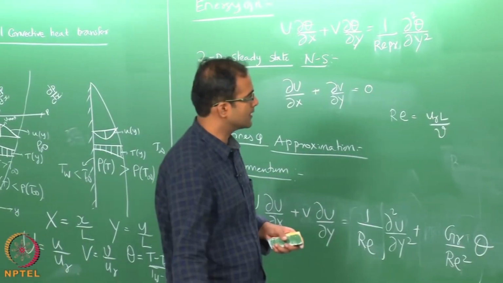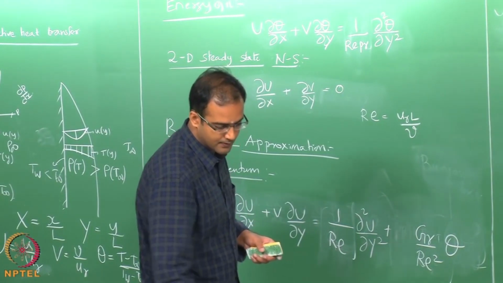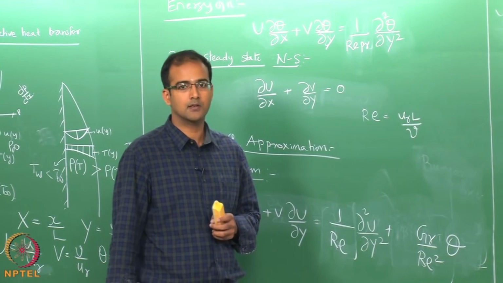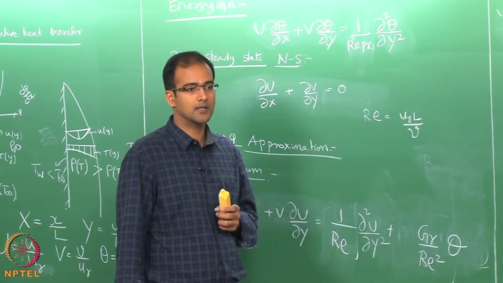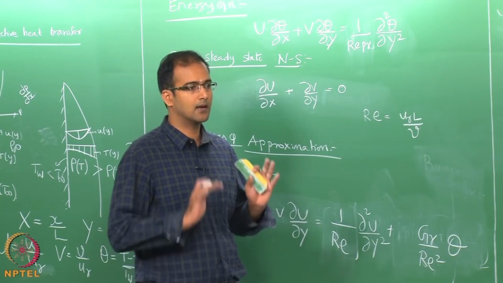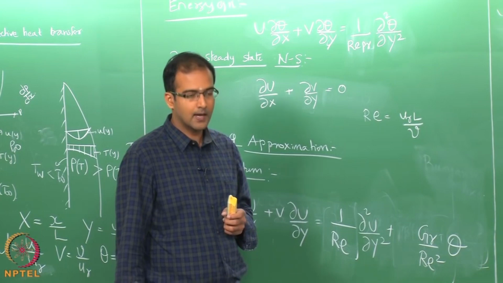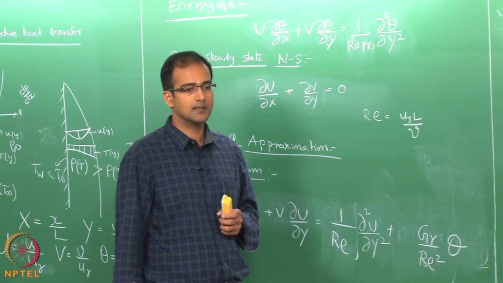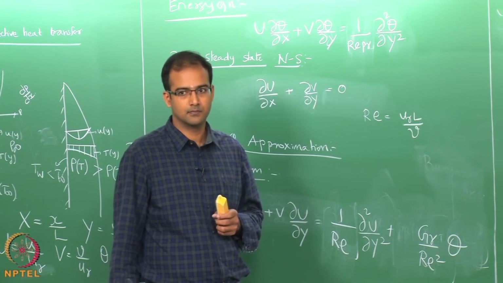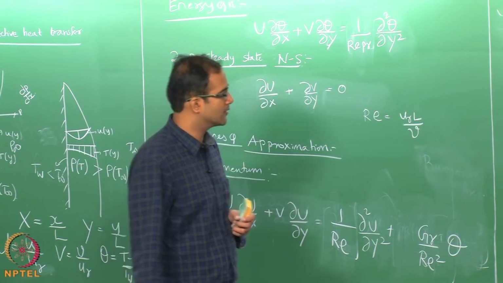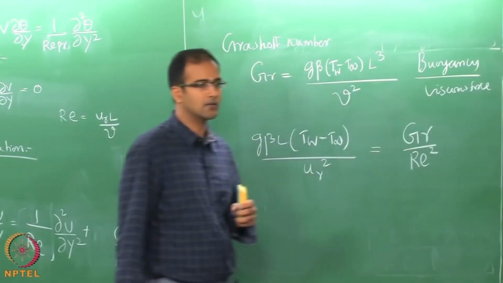Okay. So, in the process we have therefore defined a new non-dimensional number which is very much relevant to natural convection, which is now called the Grashof number, the ratio of buoyancy to viscous force, analogous to the Reynolds number. Now, from this can we estimate the order of the reference velocity? Okay. So, what is the equivalence of Grashof and Reynolds number?